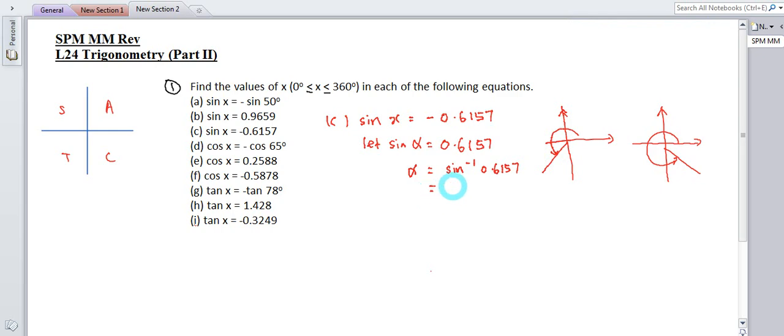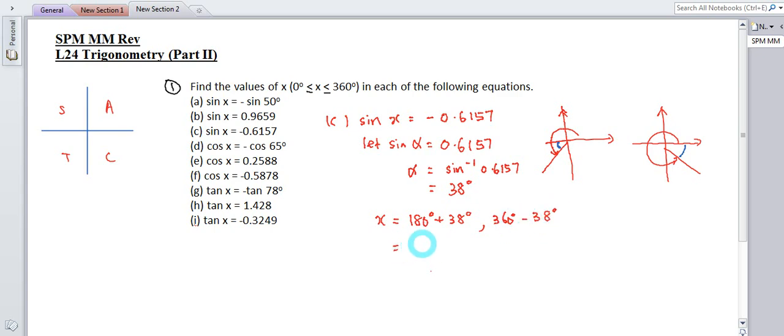Now you know that the reference angle is 38 degree. So the reference angle is actually over here, 38 degree here or here. So now you want to find the x, where is it? 180 plus 38 degree, or 360 minus 38 degree.